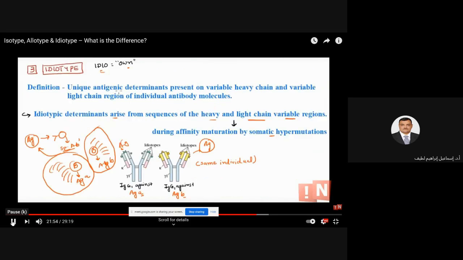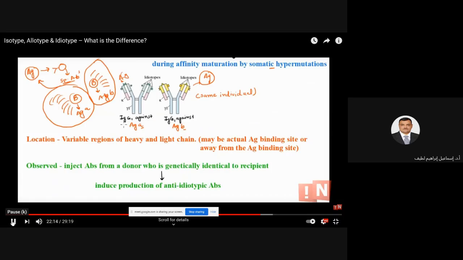So idiotypes are the unique antigenic determinants that are present on the variable heavy and variable light chain region of an individual antibody molecule. As I said, the antibodies from this clone of B cell would be totally different from another clone of B cell, because they have encountered a totally different antigen. So where will I find these idiotypes? What is the region where the antigen binds?